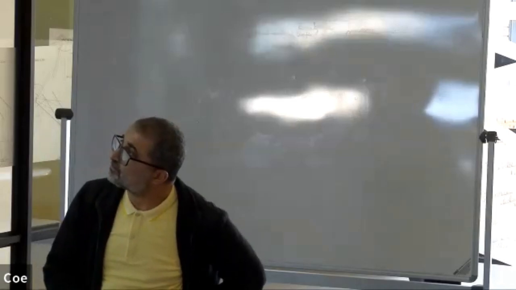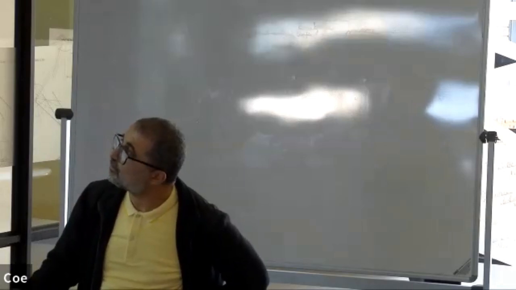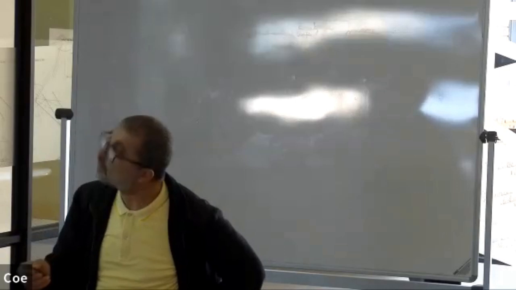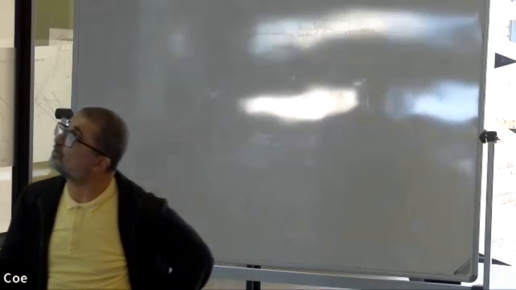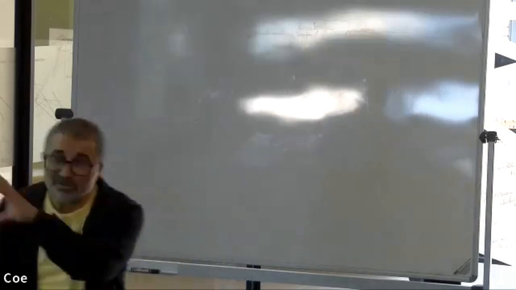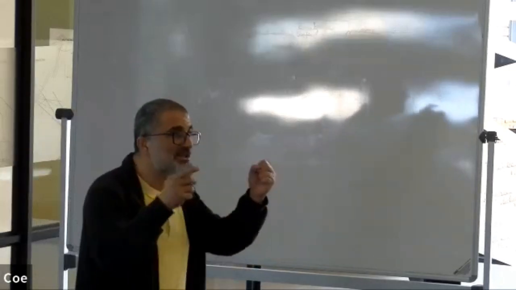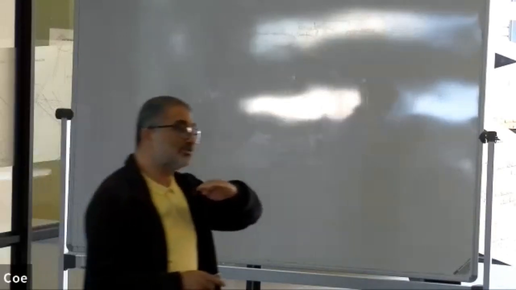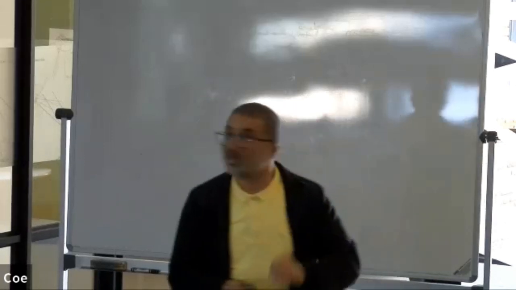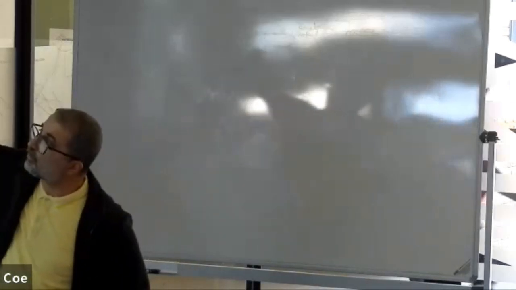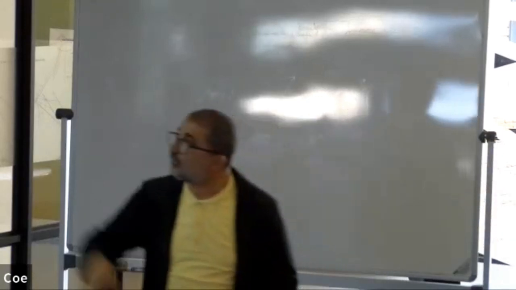Okay, the Nakano property. For the Nakano property also, we start with an increasing positive net, and the net is order bounded. Then the supremum of the norms of x alpha is equal to the infimum of the norms of b, where b runs over all upper bounds of the net.